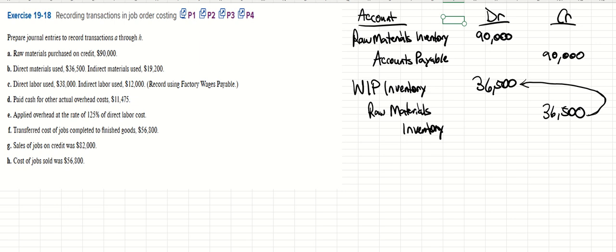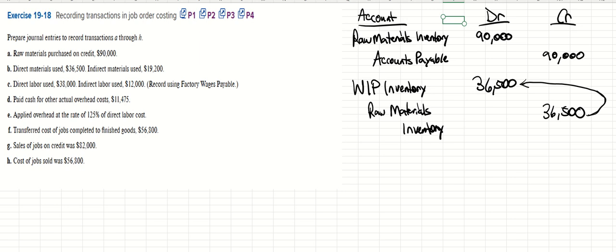So we took it out of the raw materials inventory account and moved it into work in process because those materials are currently being used during the production process. Okay, so that's letter B, we can say that's B1. B2 is indirect materials used for $19,200.